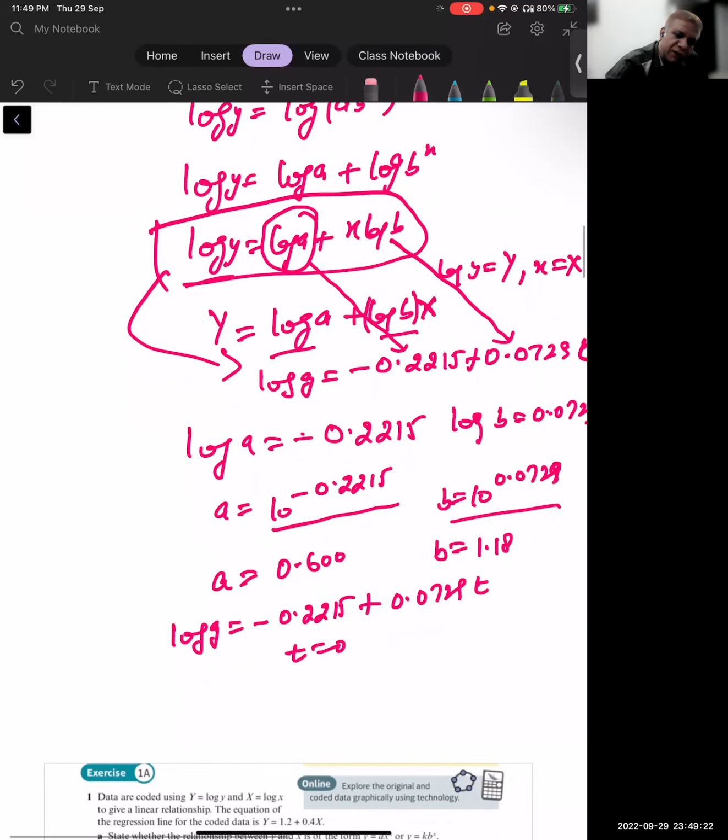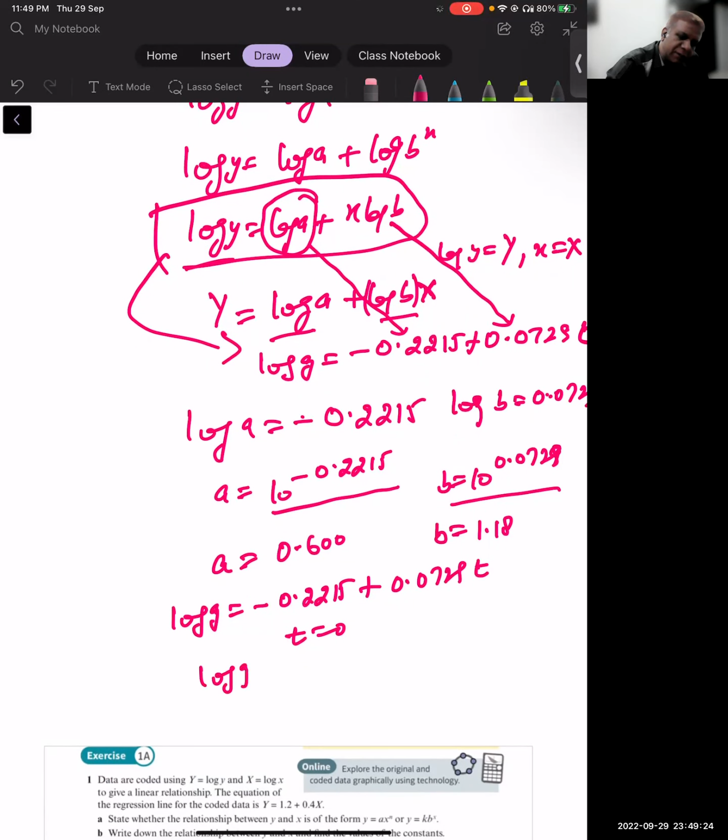So what about G? Log G becomes minus 0.2215 because when you put T to be 0, that term will be 0. Now what about G? It will be 10 to the power minus 0.2215 and we have calculated it earlier, 0.60. That means G value is 0.60, whether it is positive or negative.